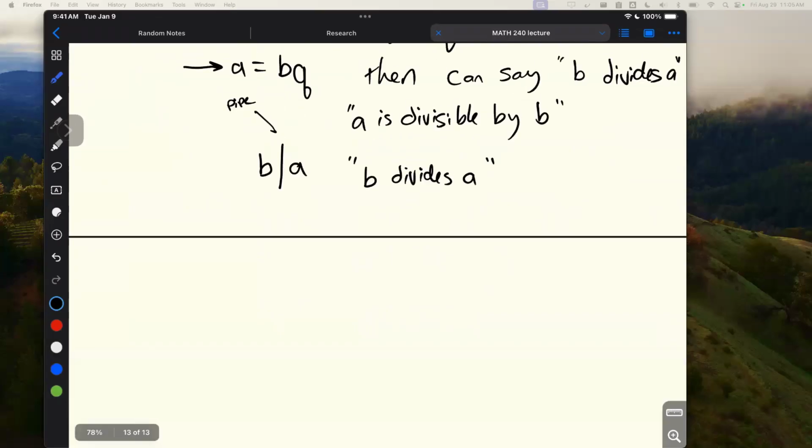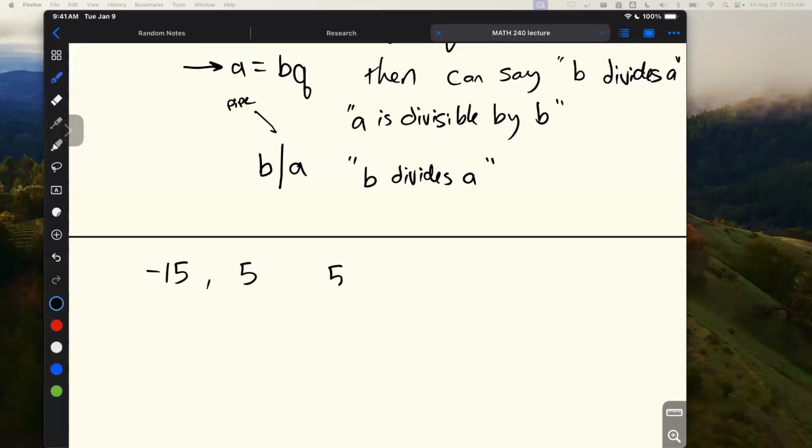All right, that's technical. Let's talk about an example. So consider -15 and 5. We can divide 5 into 15, right? And -15.